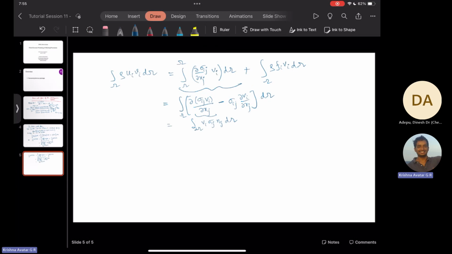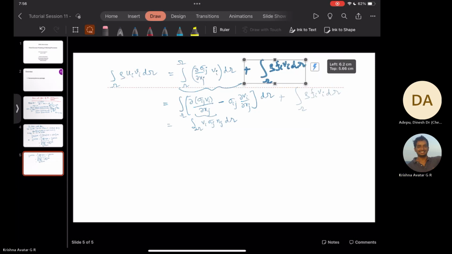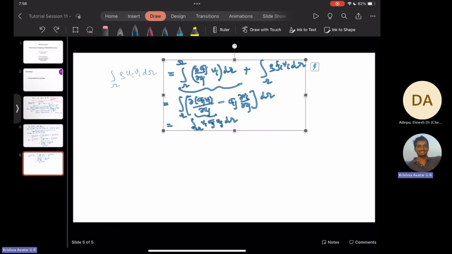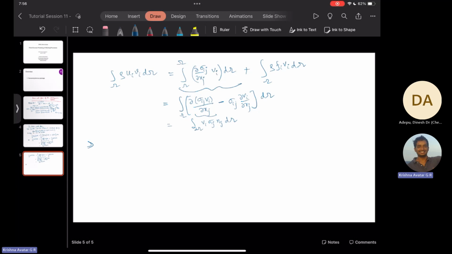So now what we'll do is bring this downside, and let it be like that. Now we'll just make a simplified approximation. So this becomes ∫_Ω ρ ü_i v_i dΩ = ∫_∂Ω v_i σ_ij n_j dΩ − ∫_Ω σ_ij ∂v_i/∂x_j dΩ + ∫_Ω ρ f_i v_i dΩ.